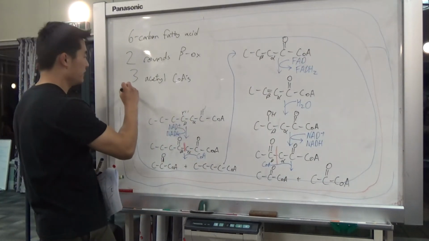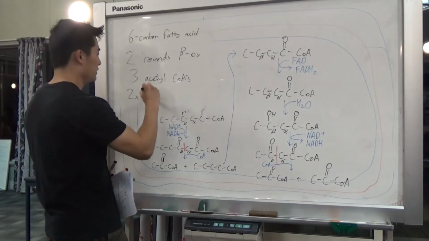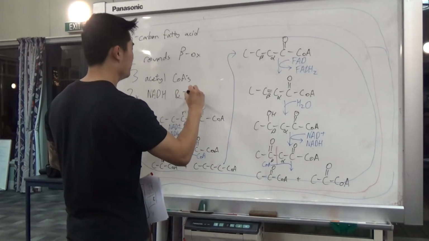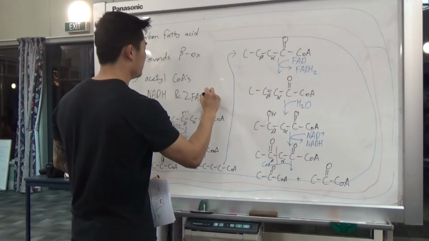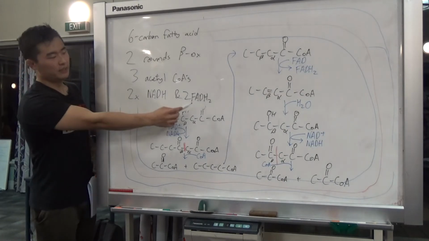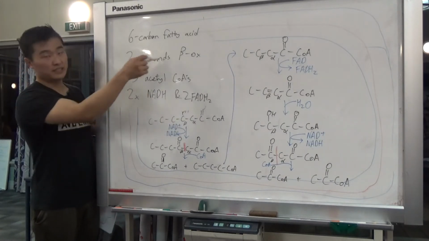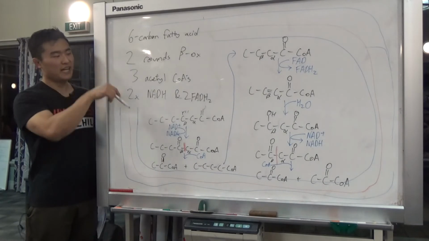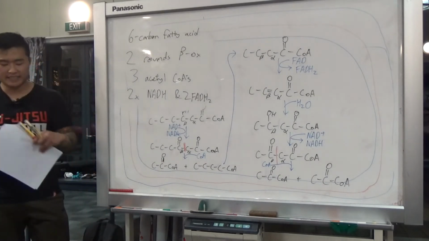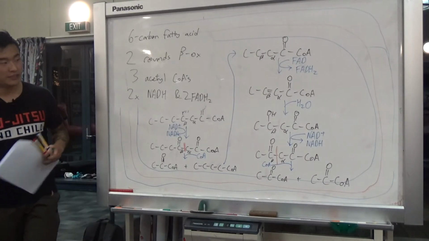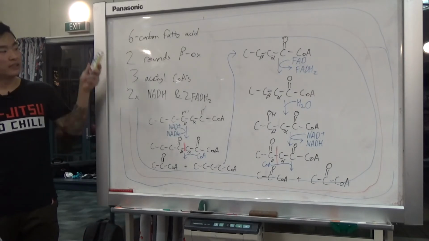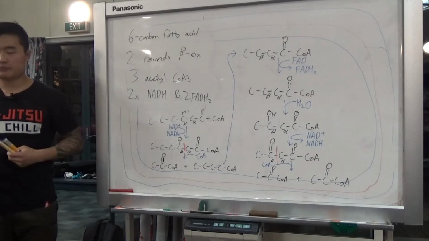So you're going to have 2 NADH and 2 FADH2. For every round, the number of NADH and FADH2 that you produce will be the same as the rounds of beta oxidation that you do. So this part is important. They're definitely guaranteed to ask you that in the exam. They pretty much do every year. So make sure you understand how many products will be made from beta oxidation.